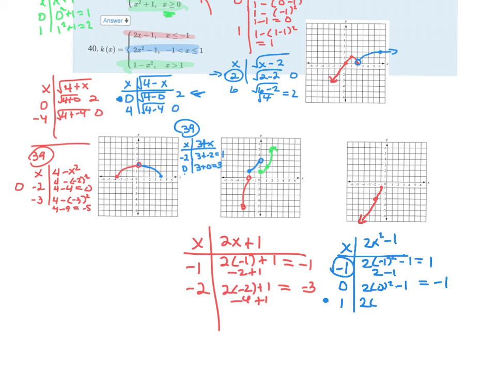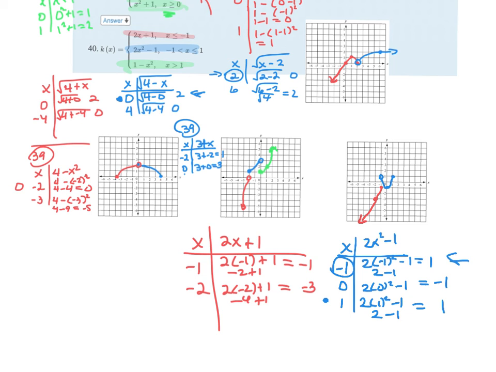And then 2 times 1 squared minus 1 is 2 minus 1, which is 1. So let me go ahead and get these 3 ordered pairs put on the graph. And again, when I plug in and plot the negative 1, positive 1, this one's going to be an open circle. And then here at the 0, negative 1, and then up again at the 1, 1. So there's my little U shape because it's a parabola.